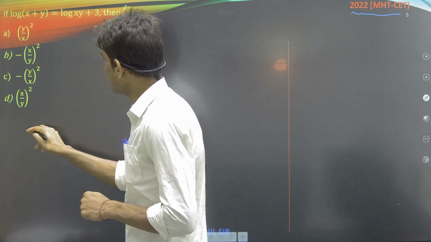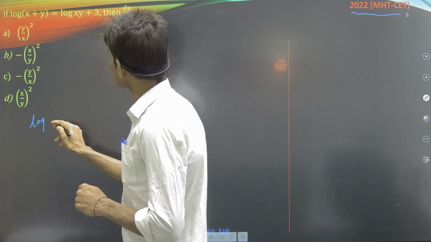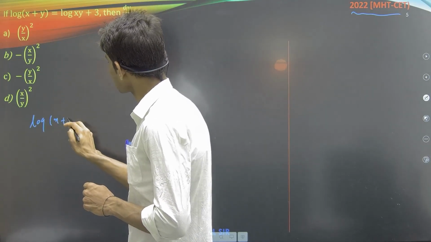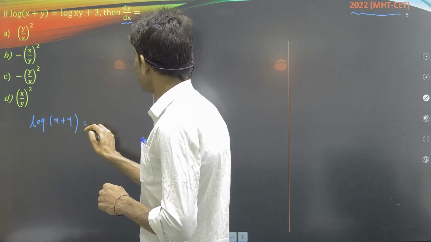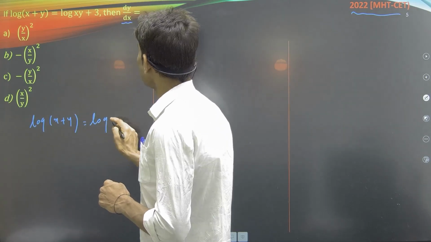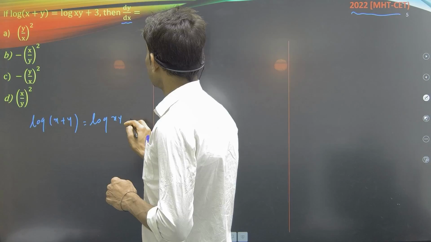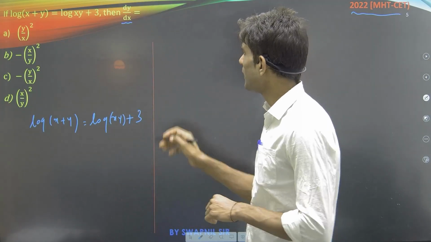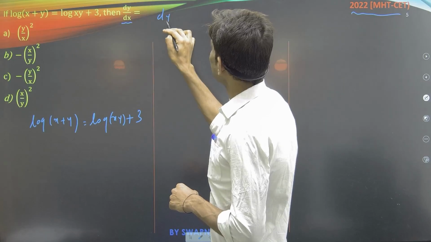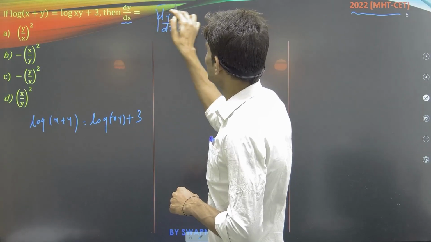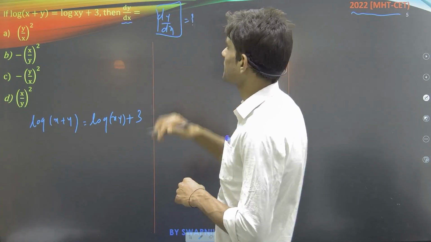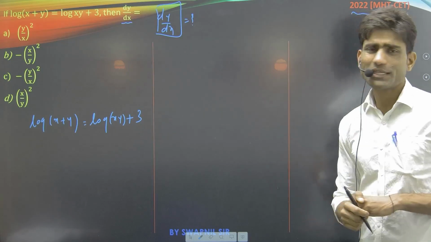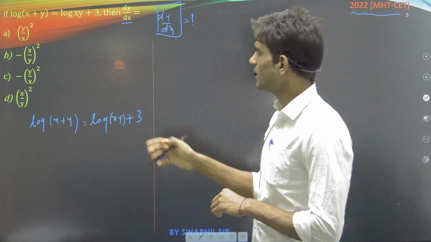We have given log of x plus y equals log of x into y plus 3, and we want dy by dx, meaning the differentiation of y with respect to x. Go for directly differentiating y and x together here.